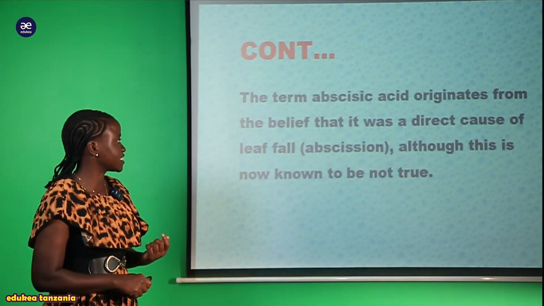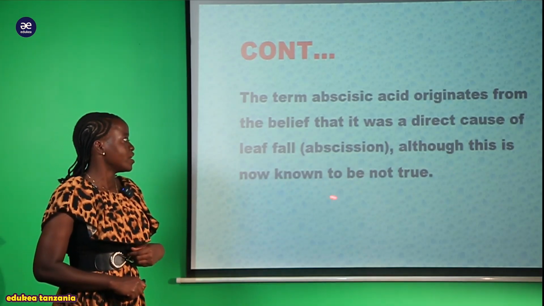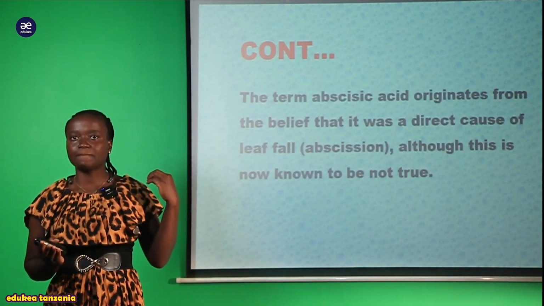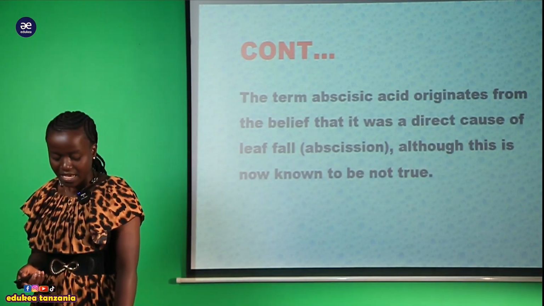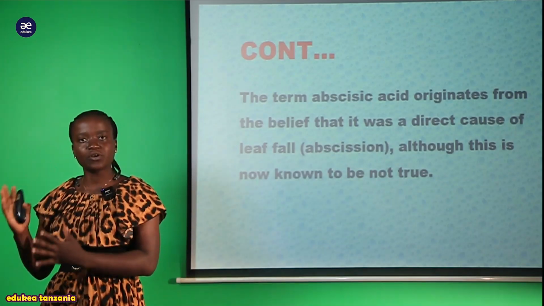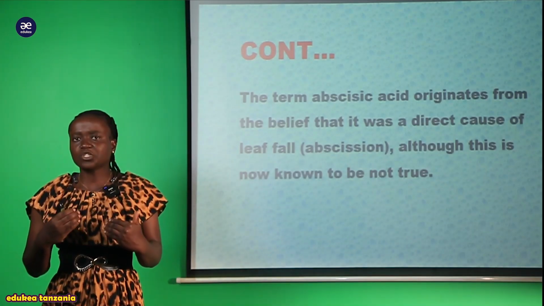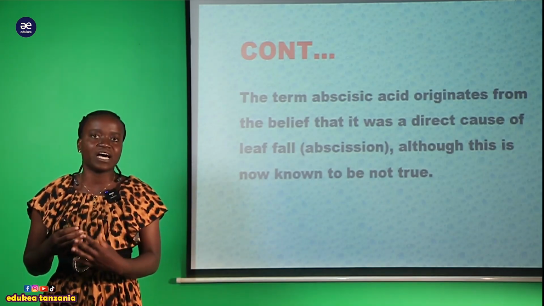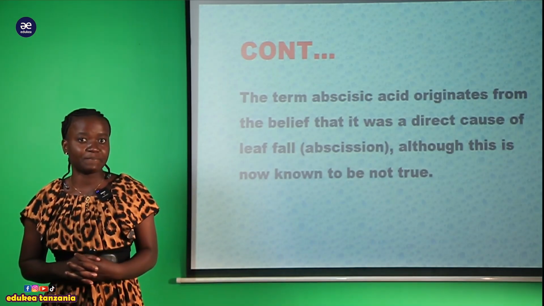Although this is now known to be not true, kweli ulikuwepo kwenye meaning of abscisic acid. Since this abscisic acid has many roles within a plant, and is not causing the falling off of the leaf within a plant.